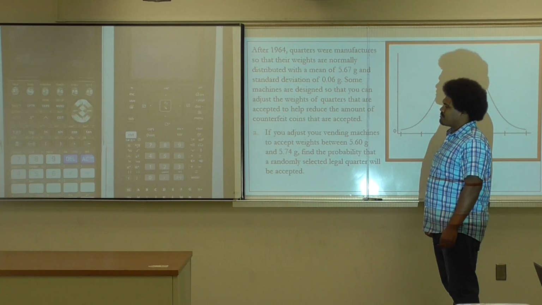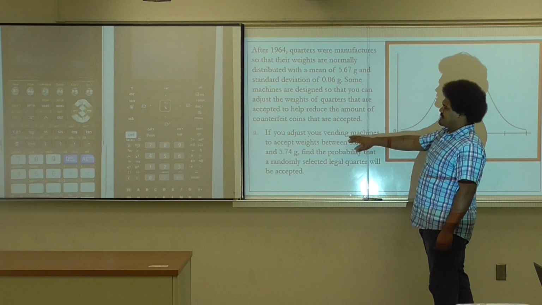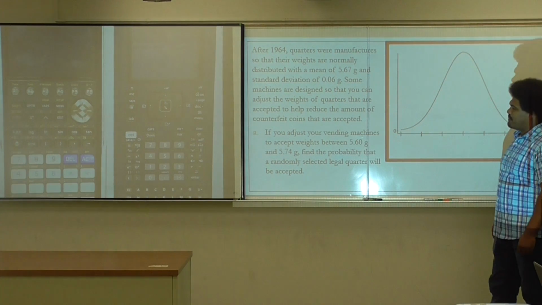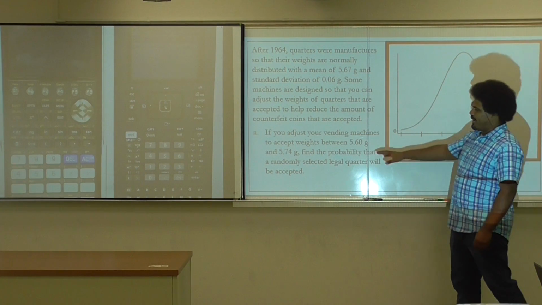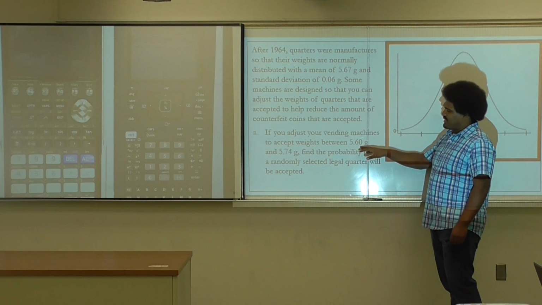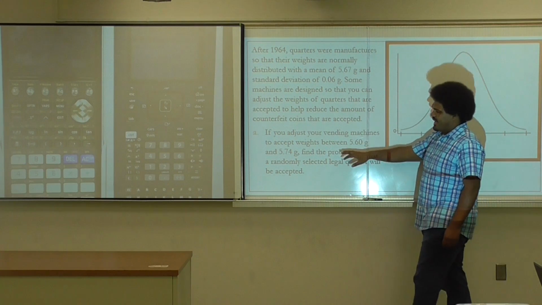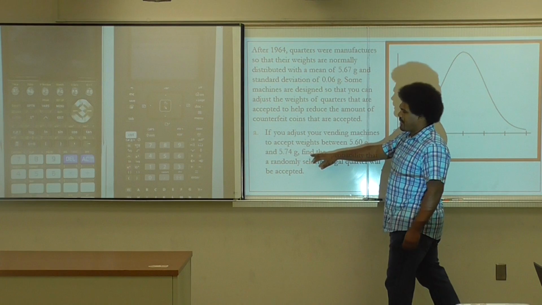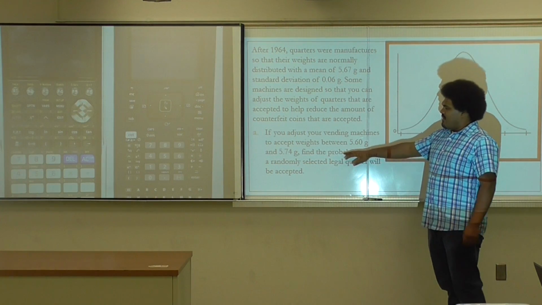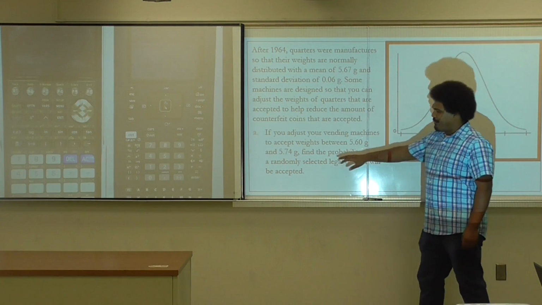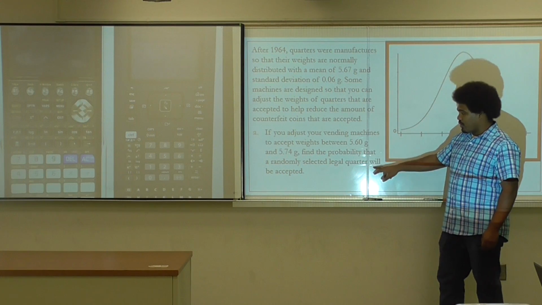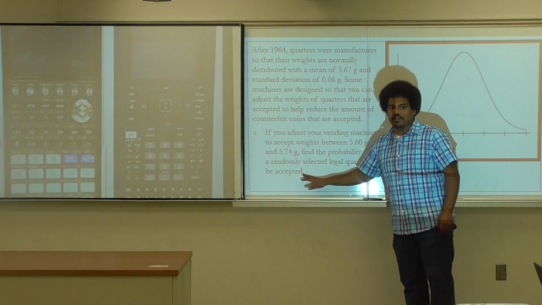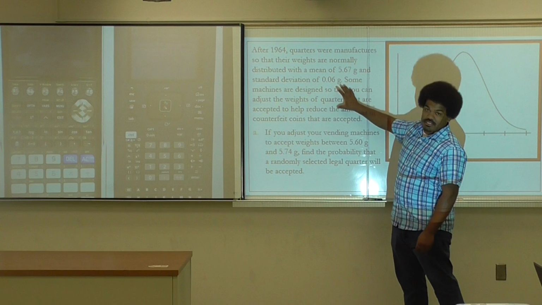So when we're doing this problem, what we're saying is, if you adjust your vending machines to accept weights between 5.6 grams and 5.74 grams, find the probability that a randomly selected legal quarter will be accepted. Remember, this is a range of acceptance. Keep that in mind.